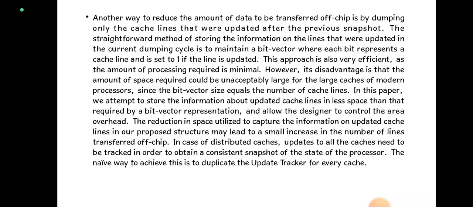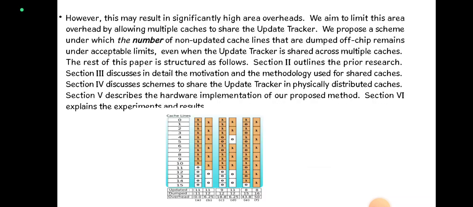In case of distributed caches, updates to all caches need to be tracked in order to obtain a consistent snapshot of the state of the processor. The naive way to achieve this is to duplicate the update tracker for every cache. However, this may result in significantly high area overheads.